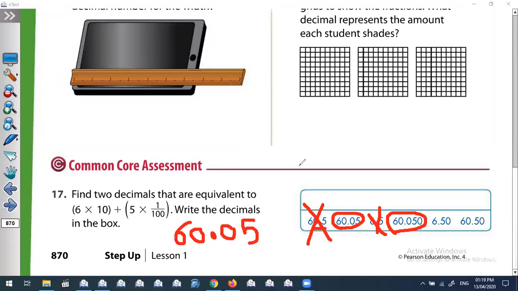I can add any zeros on the right as I want. 60.50 is not like 60.05, no. So the answer is only 2 of them.